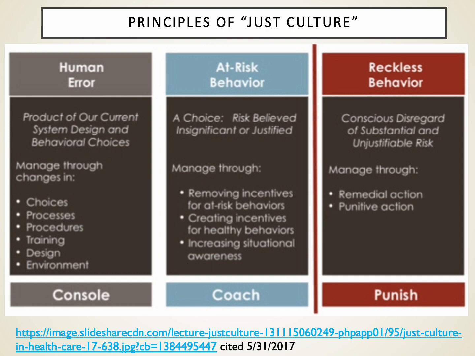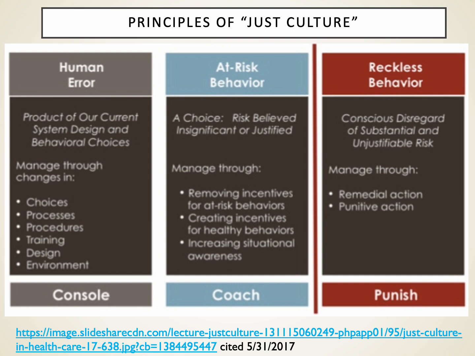And finally, the way that we can look at some of these errors that happen in healthcare is to recognize if there's a human error, an at-risk behavior, or reckless behavior. Human error happens when it's not really intended to. It's often a system risk that can have that happen.